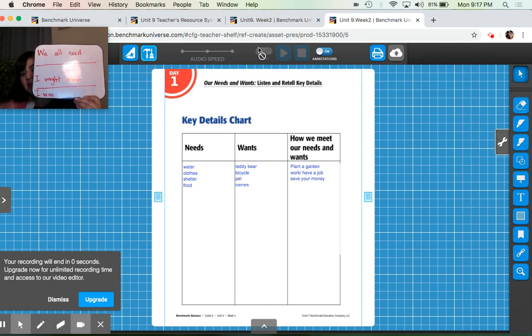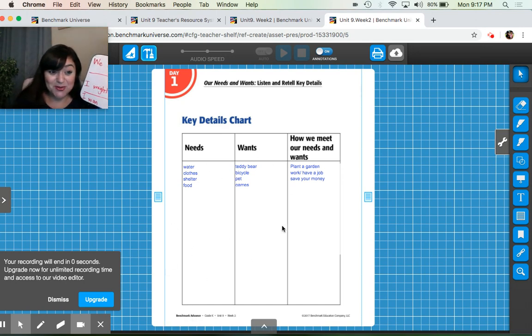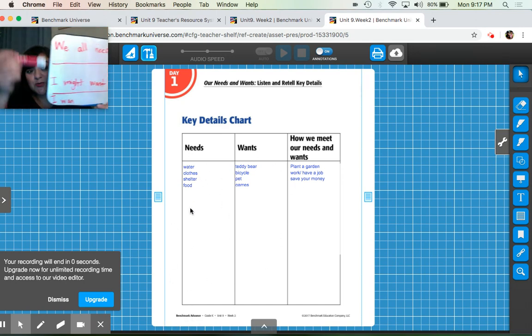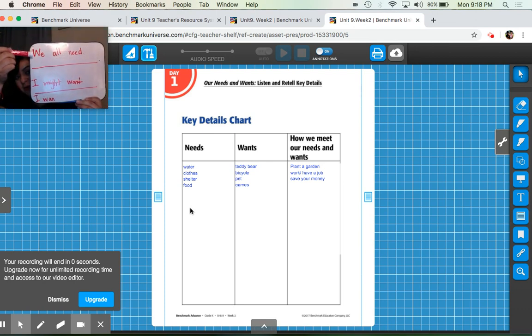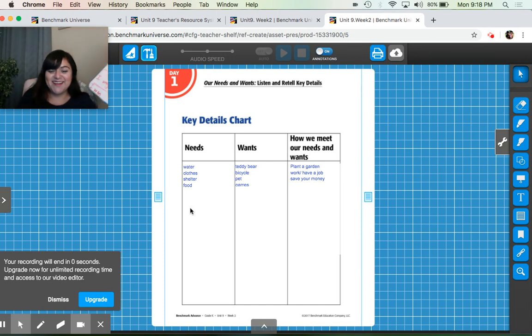So you decide what you want. And you have to write some things that we need to survive. Like, look at our chart here that we wrote down. This is where we wrote down some key details. You can look at that to write in the first language frame. On the next language frame, just think about some things that you might want. Maybe you want a cupcake.